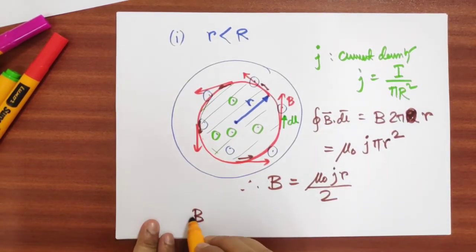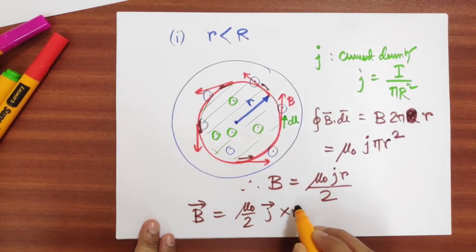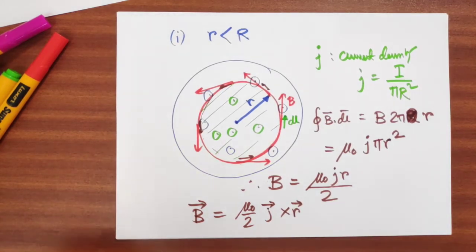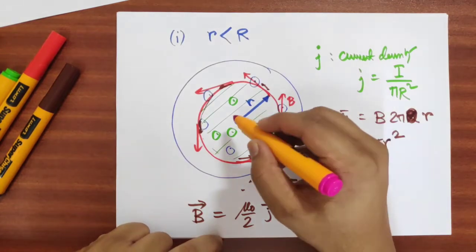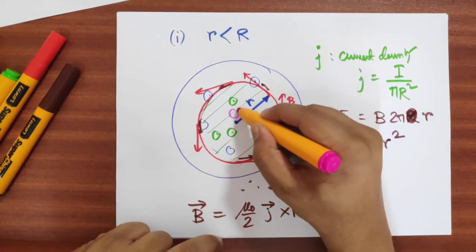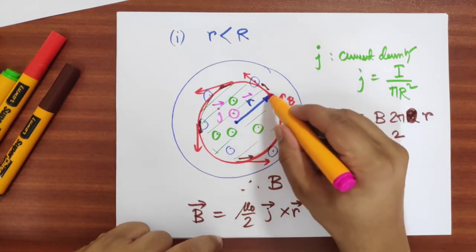In vector form you can also write this as mu naught by 2 J cross r. What is the direction of J? J is out of the plane of the paper, and this is the direction of r.